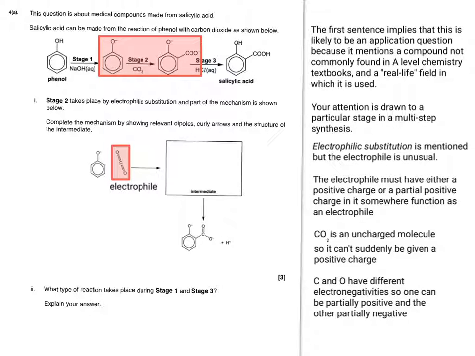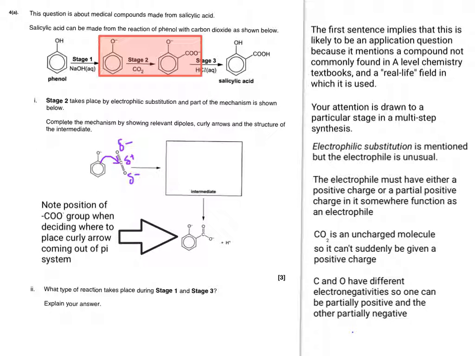So let's have a think about that. I'm going to put the delta plus on the carbon, because the oxygen is definitely more electronegative than a carbon. And now I've got a species that can behave as an electrophile. So when you're deciding where to place the curly arrow, obviously pointing at the delta positive carbon, you need to be a bit careful and then decide, where am I going to place that curly arrow?